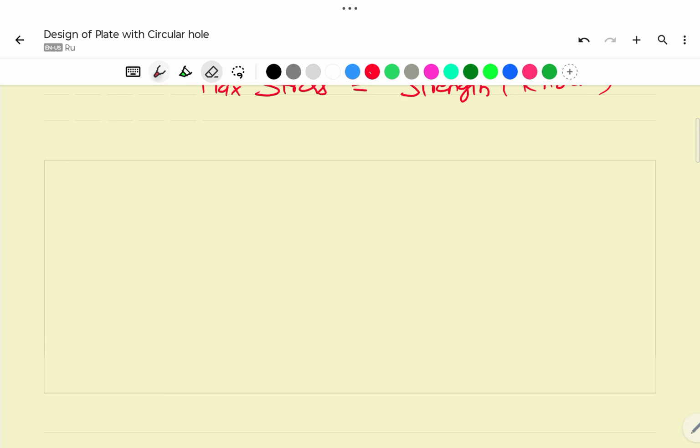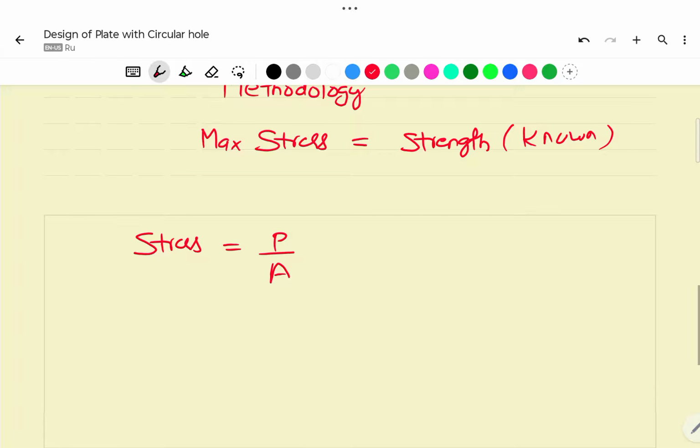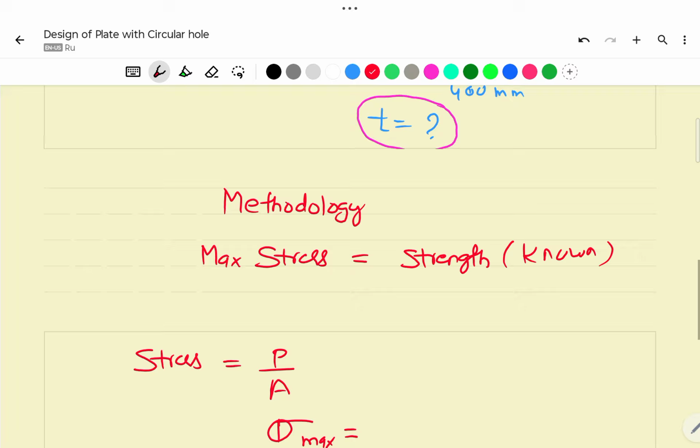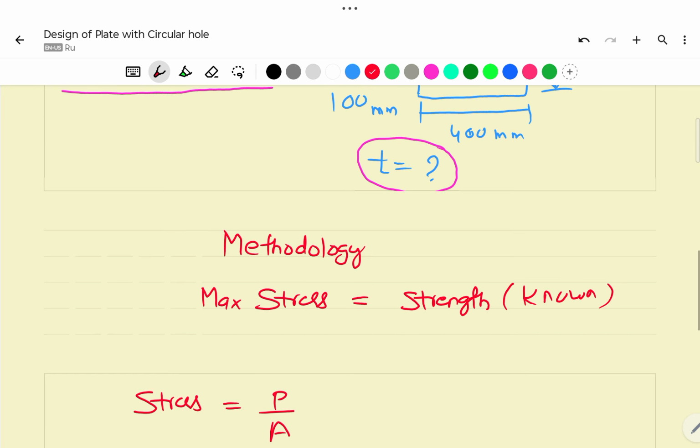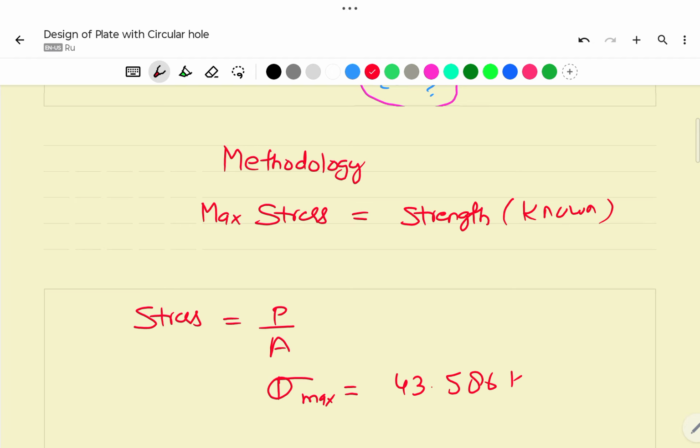Stress is P by A. So sigma max is equal to 43.586 kgf per mm square.